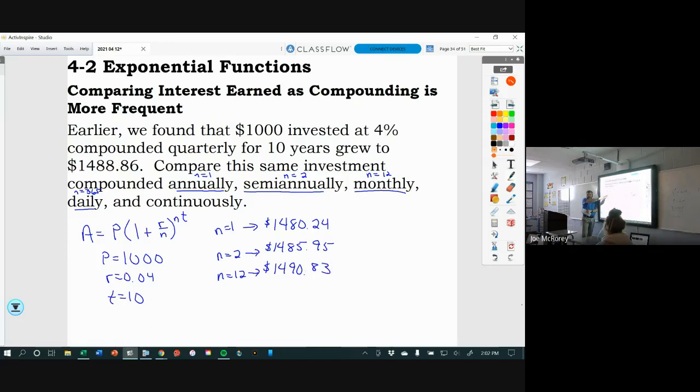It should be. How about a bank that's going to compound our money every day? We're up to $1,491.79.